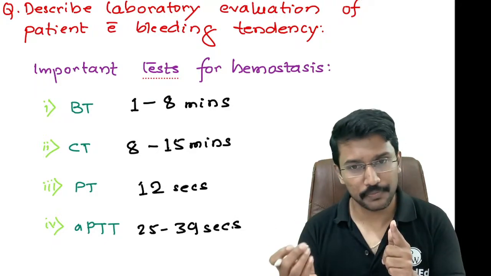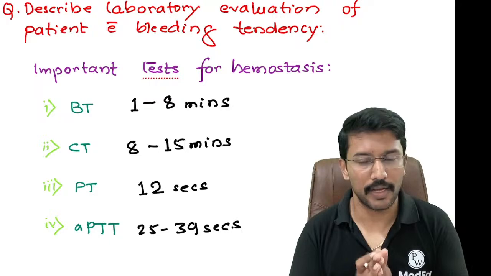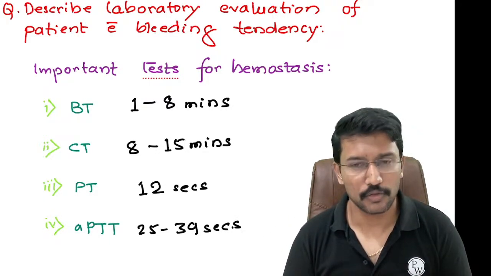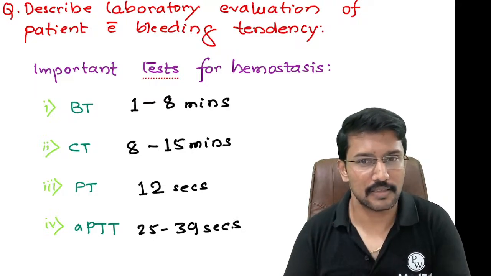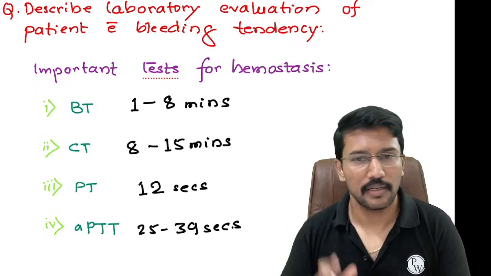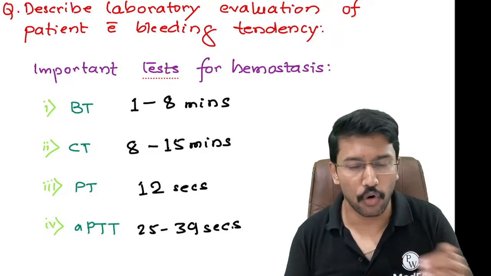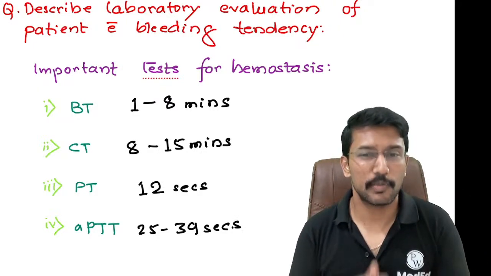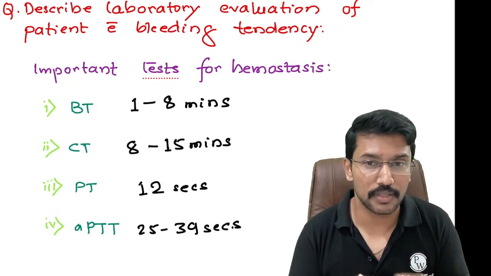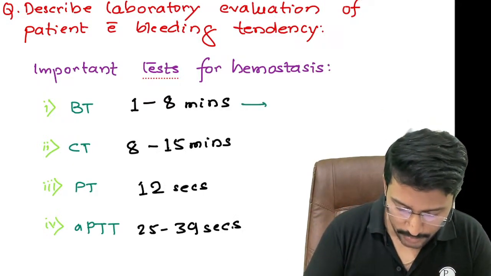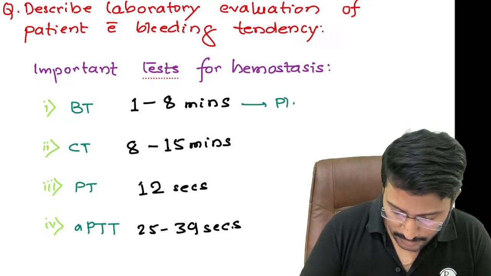You take the blood, put it in a test tube and see how much time it takes to form a clot. So basically you are assessing the intrinsic pathway, surface contact triggering the coagulation. So if you have an elevated clotting time, what does that indicate? It probably indicates that you have a coagulation disorder. And if the bleeding time is increased, it means you have platelet disorders.